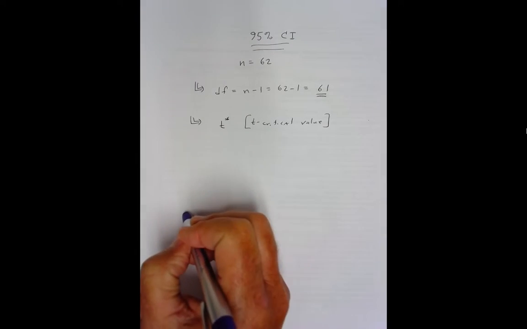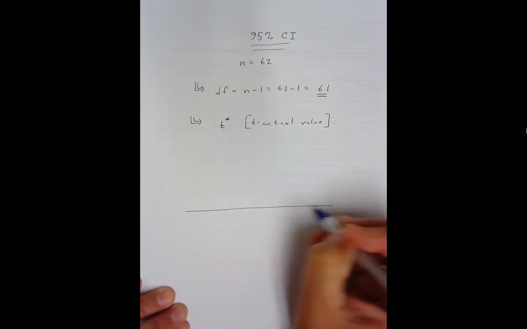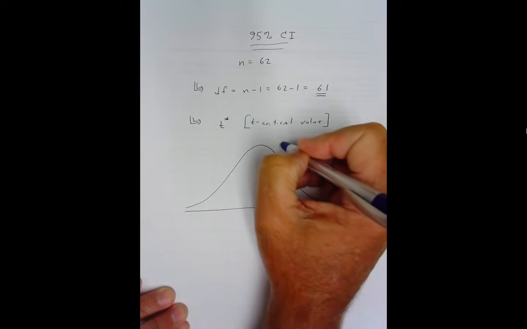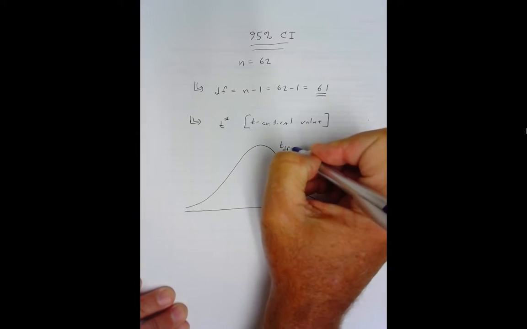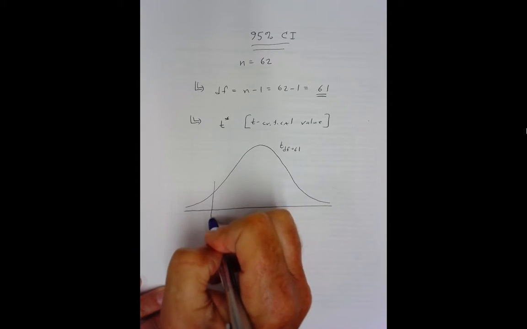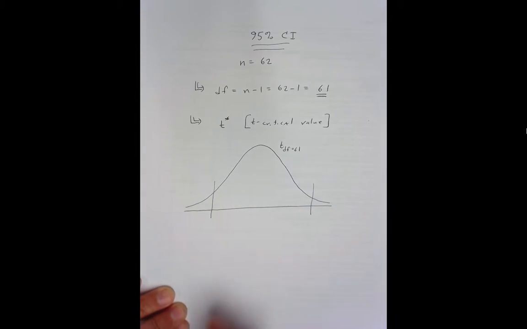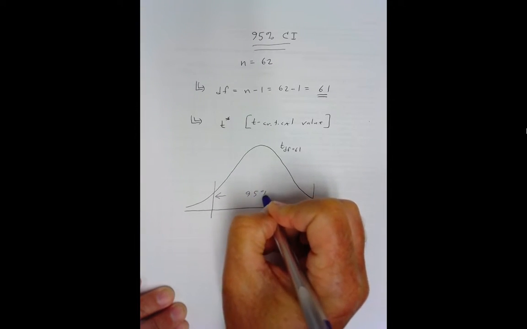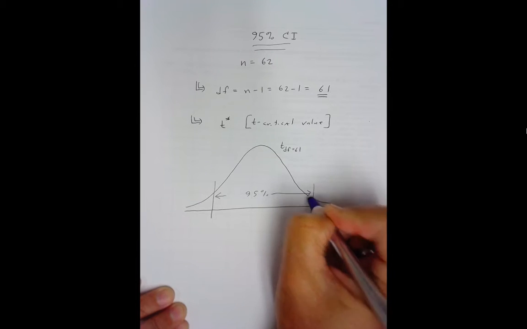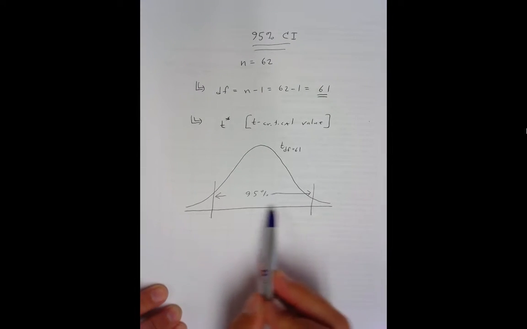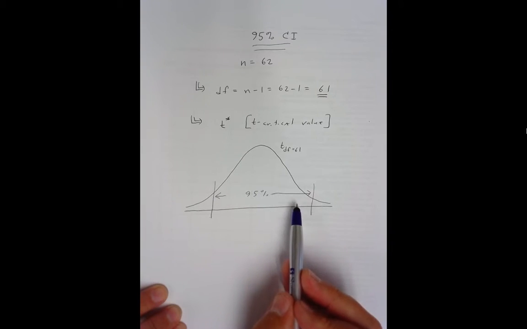Now, if I'm finding a t-critical, the way I think about this is I have my focus on this t-distribution, degrees of freedom 61. I want to find the two values that have a lower bound and an upper bound of the middle 95% of this distribution.